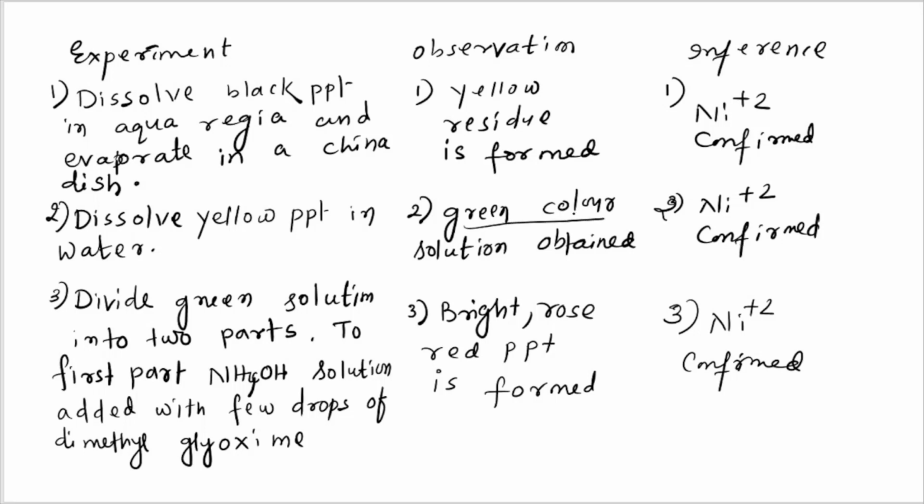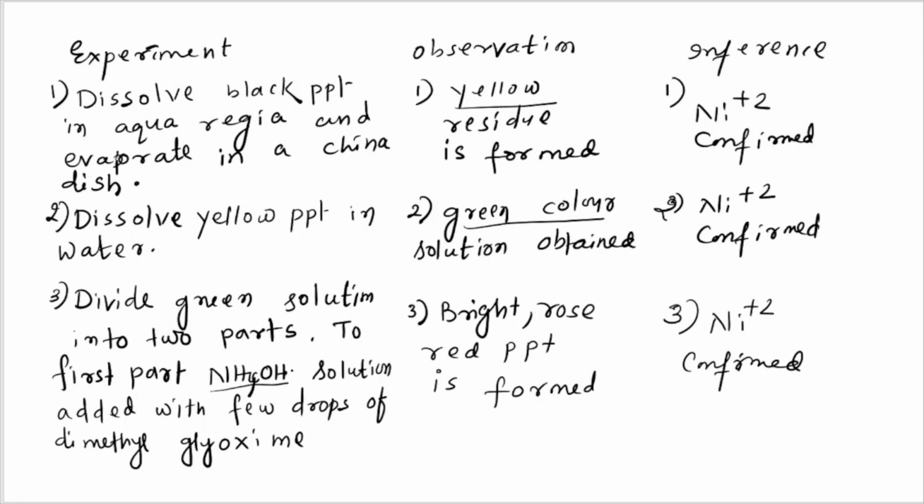Again this green solution is divided into two parts. Remember, dissolve the yellow residue in water, then you divide into two parts. To the green color solution, first part, you will add ammonium chloride solution and a few drops of dimethylglyoxime.